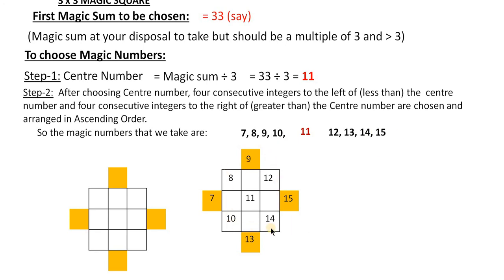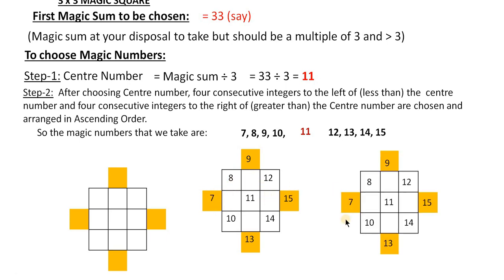Now there are some numbers inside the magic square which I retain as they are. I just have to place the numbers in the orange colored cells outside. There are certain numbers which I will have to place in some order to get the magic square. So first I will shift this 7 to this side. Just listen here.